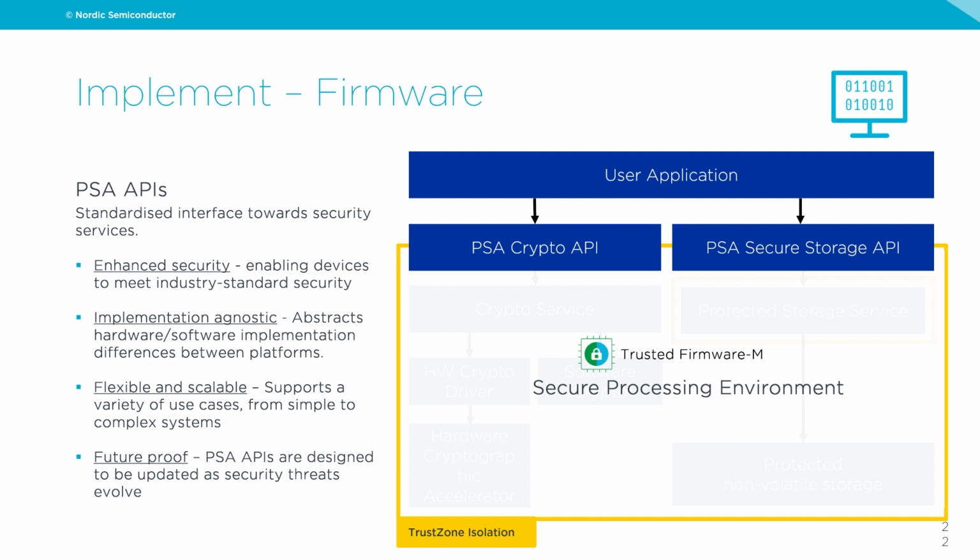It's flexible and scalable, which means it supports a wide variety of use cases, from very simple to more complex systems, still using the same API abstraction. And it's also future-proof. The PSA APIs have been designed to be updated, because security threats will also evolve, so we need to make sure that the APIs can be updated to evolve with them.